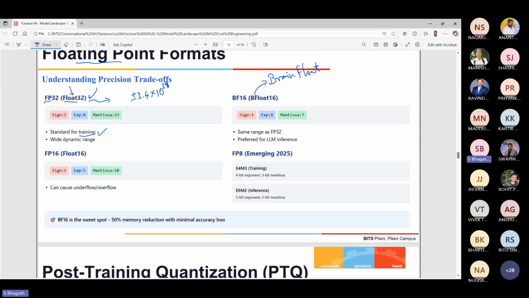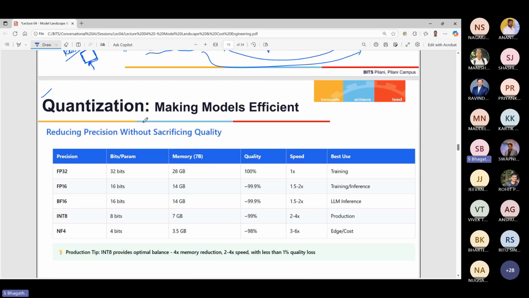The whole purpose of quantization is this: during training, every parameter counts. Earlier with Mistral we talked about 56 billion parameters, which is 7 times 8 billion. Each parameter is 32 bits, which means 4 bytes.